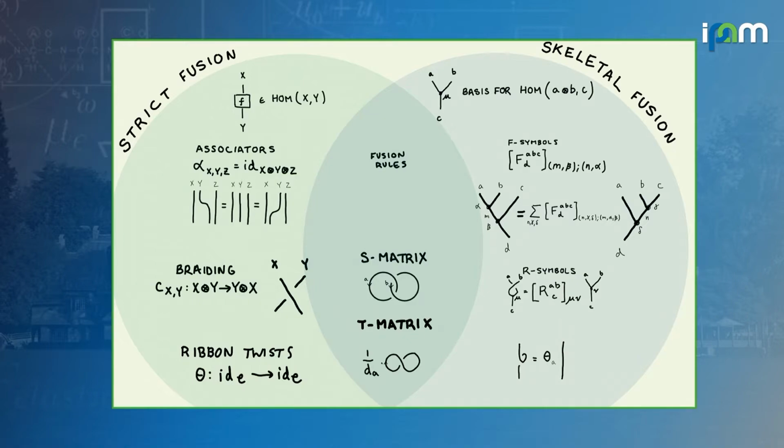But in either case, we draw pictures like this. We can talk about the twists of anyons in either one of these settings, and it makes perfectly good sense, but with different diagrammatic formalisms depending on which way you're thinking about your category. Any questions before I move on from this slide?